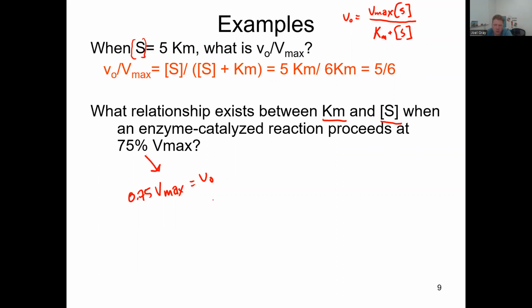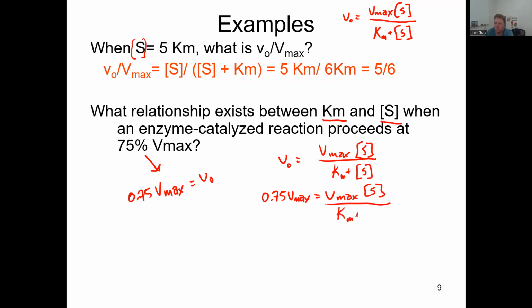So you could look at this and say, all right, using the equation V sub 0 equals Vmax times substrate concentration over Km plus substrate concentration, substituting in 0.75 Vmax equals Vmax times substrate concentration over Km plus substrate concentration.